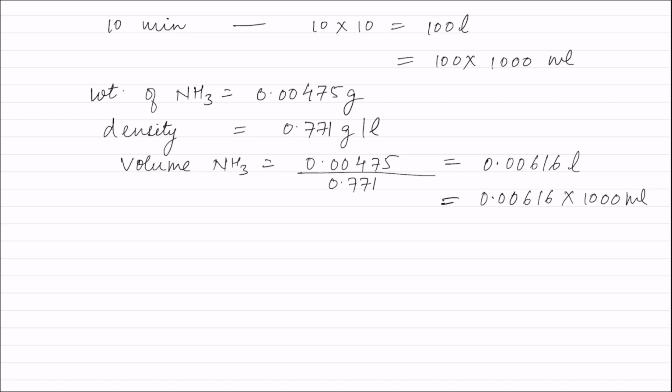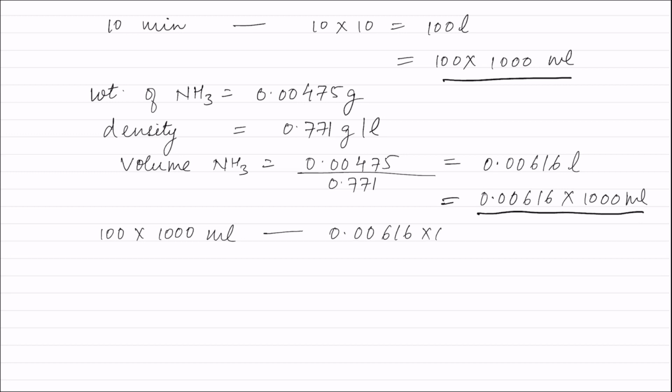Therefore, the volume of ammonia in 100 into 1000 milliliter of air is 0.00616 into 1000 milliliters.